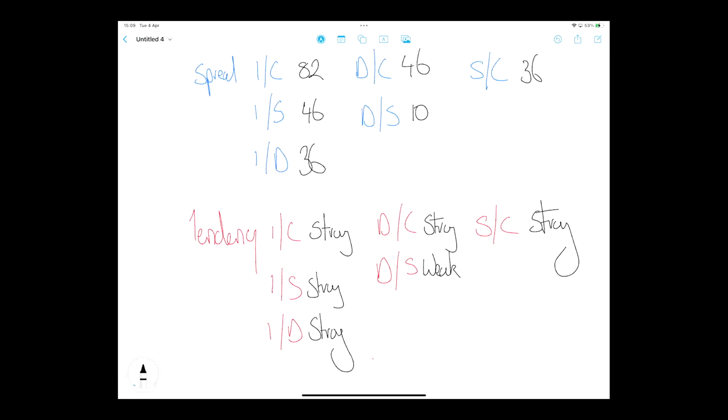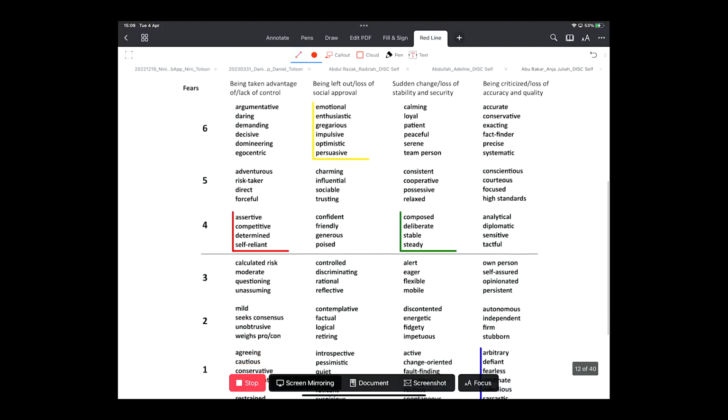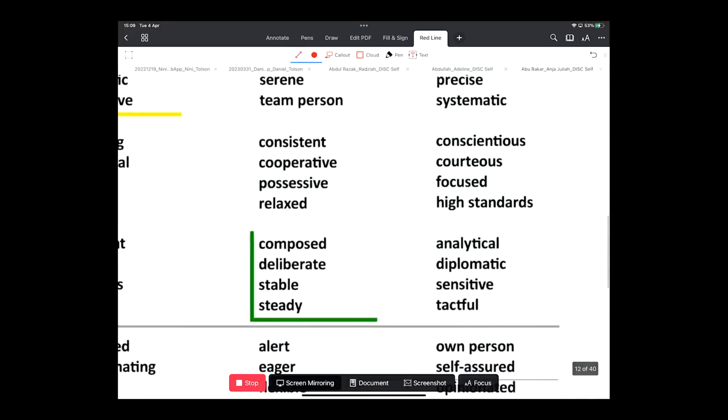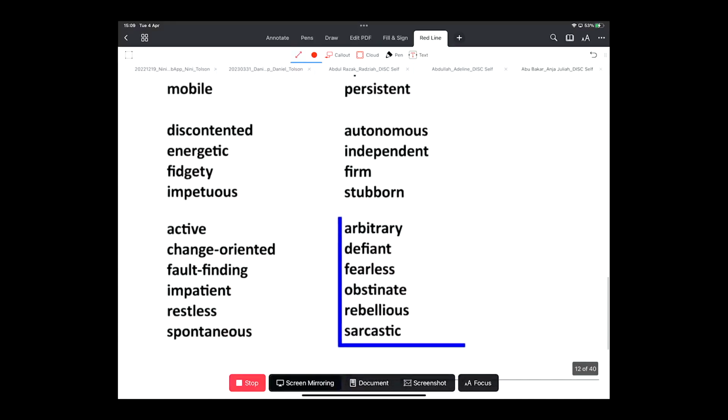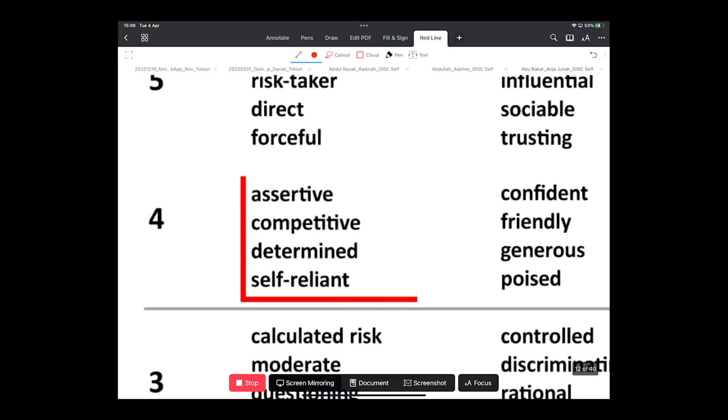So this leads me now to having a look at the descriptive words for these styles. Here's what I want to do. I want to go to the descriptive words for the D style for this individual. We can have a look at where the red, the yellow, the green, and the blue boxes are, and we just want to choose 2 words out of there. You can choose any 2.